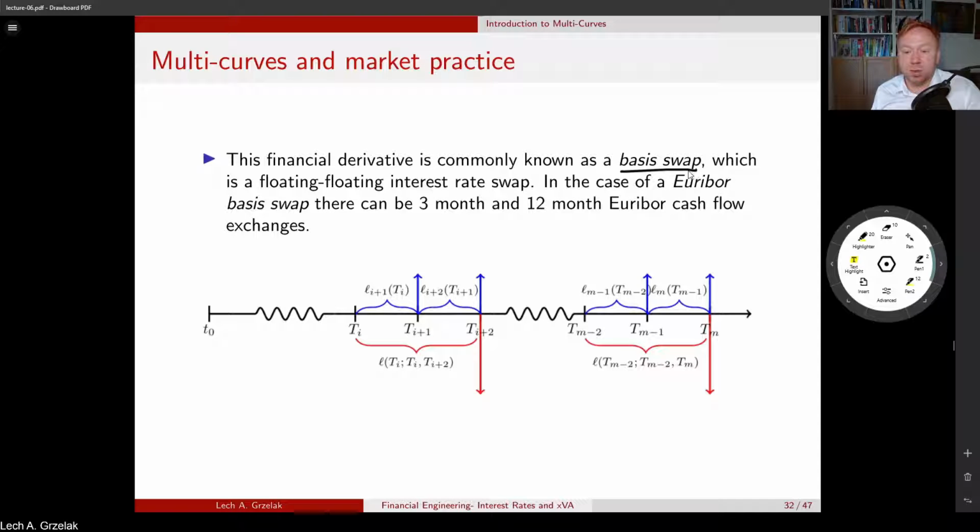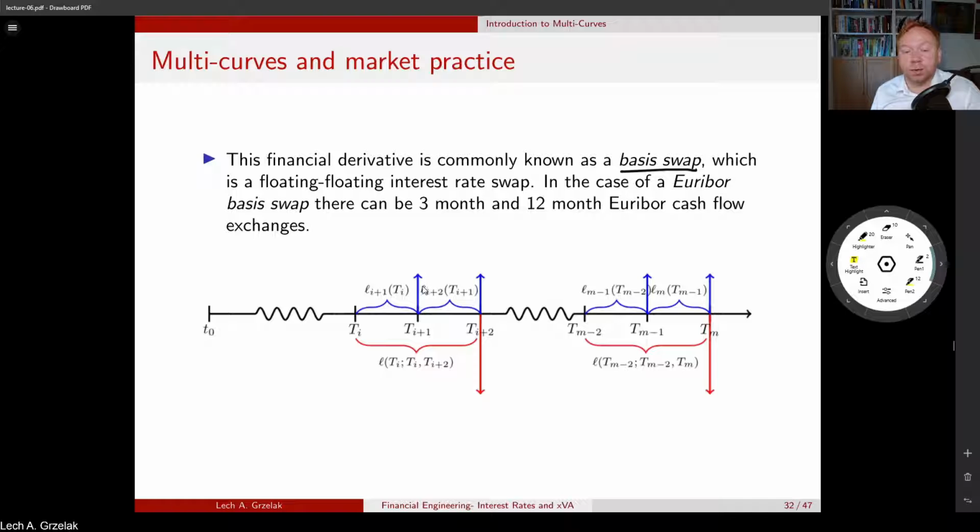So a basis swap is a contract where we exchange two legs, both floating. It's called a floating for floating basis swap, where we exchange, for example, 3-month payments against 12-month payments.